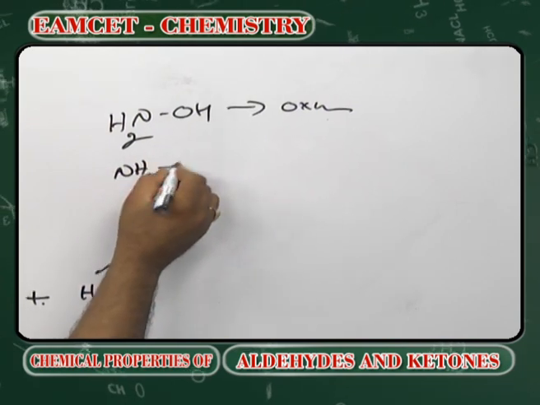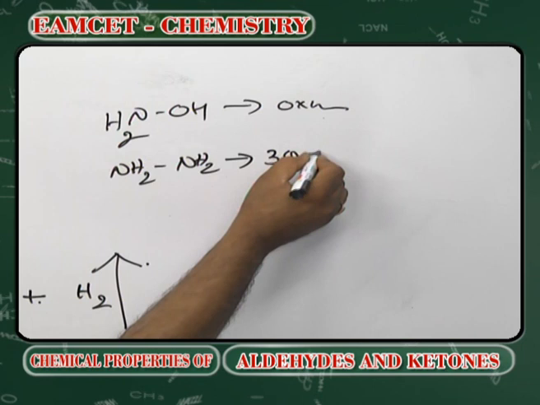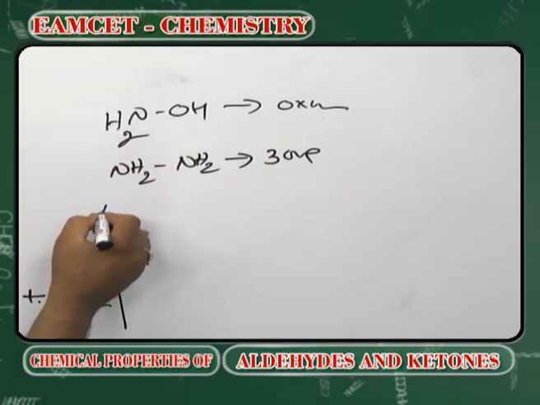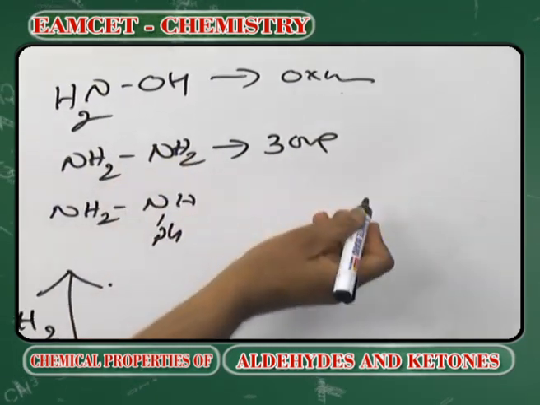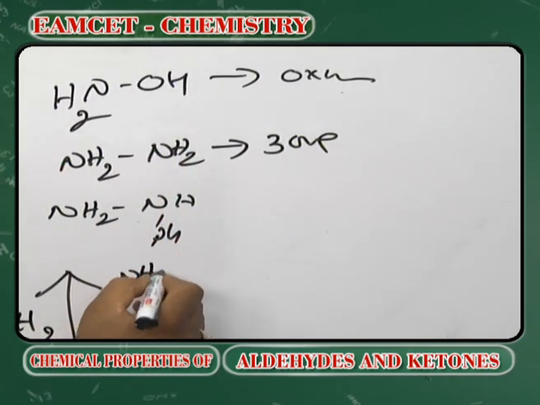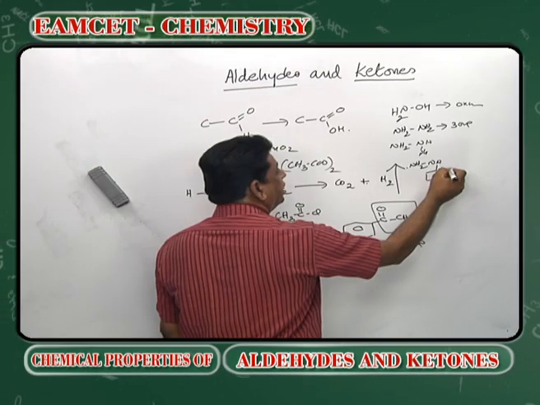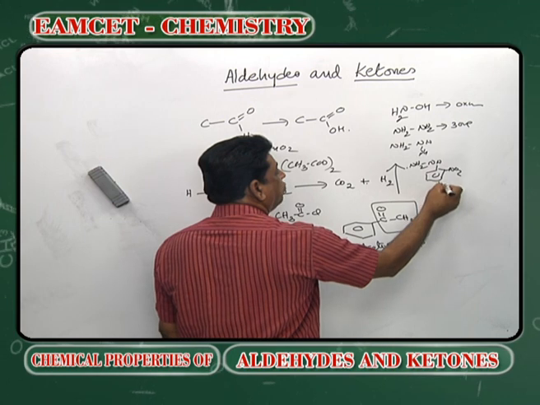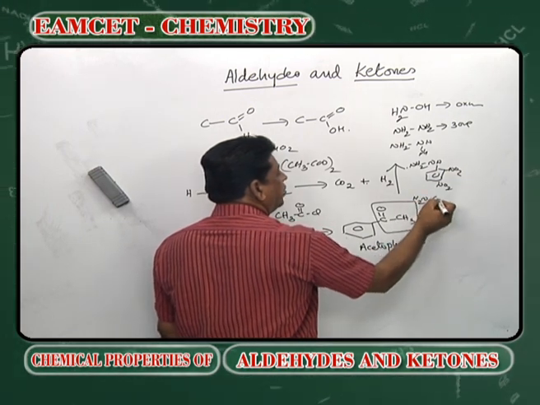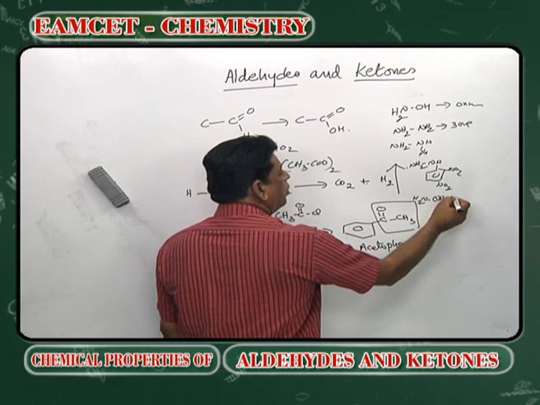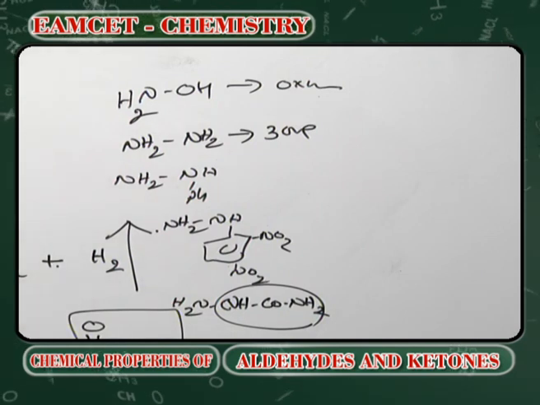NH2NH2 is hydrazine, hydrazine will give the hydrazones. NH2NH-phenyl is phenyl hydrazine, giving phenyl hydrazones. Phenyl NH2NH with 2 nitro groups is called 2,4-dinitrophenyl hydrazine. And finally NH2NHCONH2, containing urea, is called semicarbazide, which gives semicarbazones.